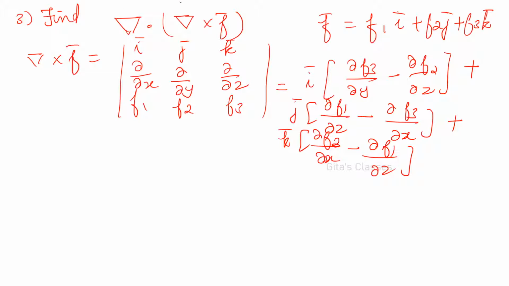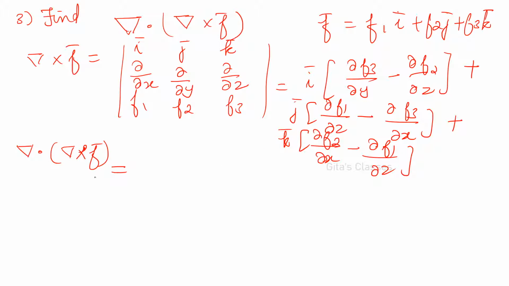Now you have to take del dot, that is divergence of this. This is our del cross f, already we have found out. Now we have to take the dot product with i into dou by dou x plus j into dou by dou y plus k into dou by dou z.